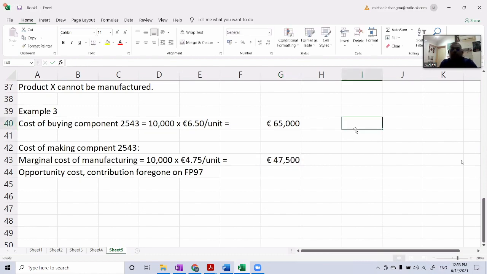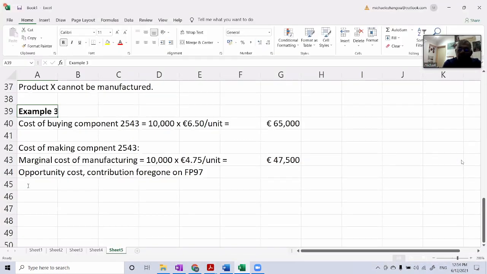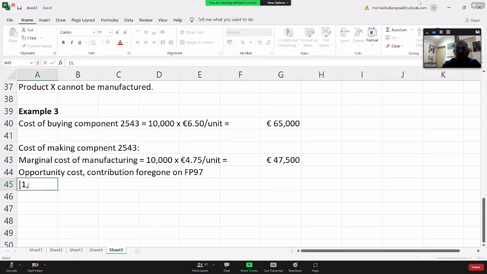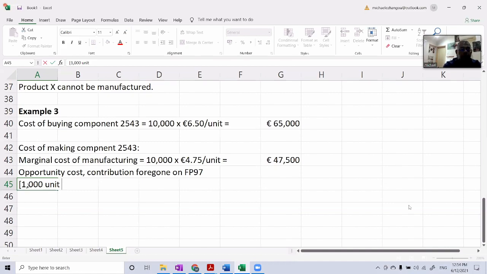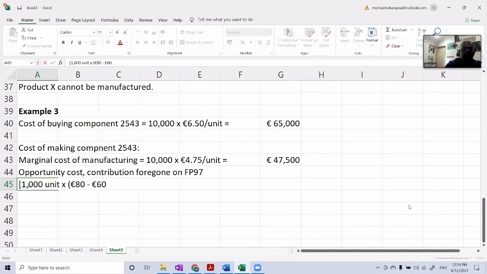$47,500. Now, the opportunity cost, which is the contribution foregone on FP97, will be 1,000 units multiplied by contribution per unit. Now, the contribution per unit is selling price of 80 minus the marginal cost of 60.